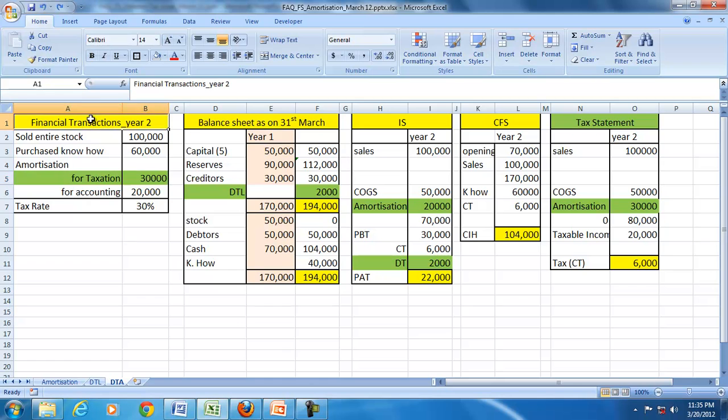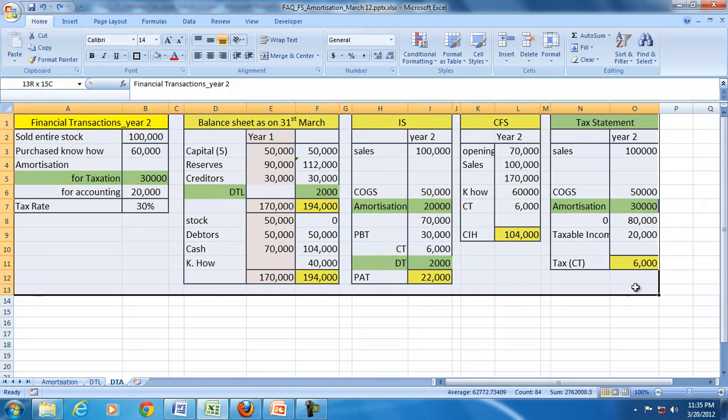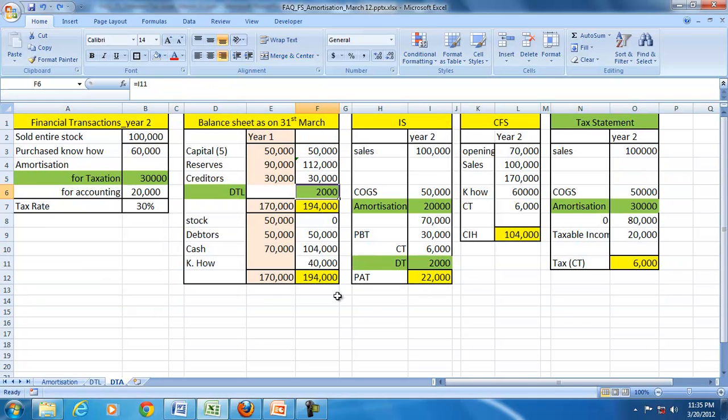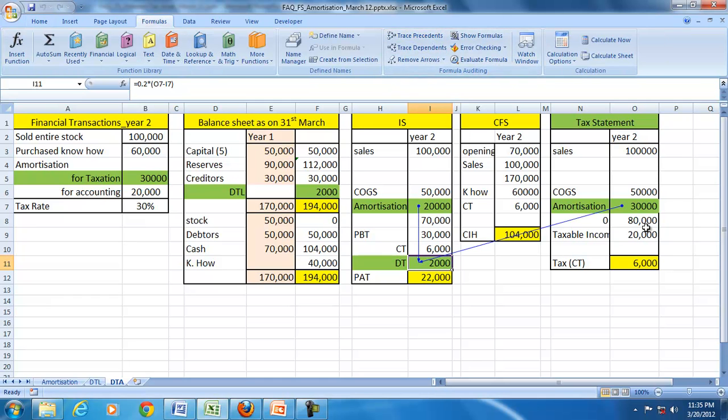So in this example, which we discussed in the previous presentation, we saw there was a deferred tax liability. Why was there a deferred tax liability? Because the amortization in the tax statement was 30,000, whereas amortization in the income statement is 20,000, and deferred tax is positive, and that is the deferred tax liability.